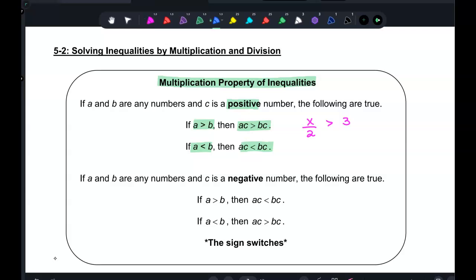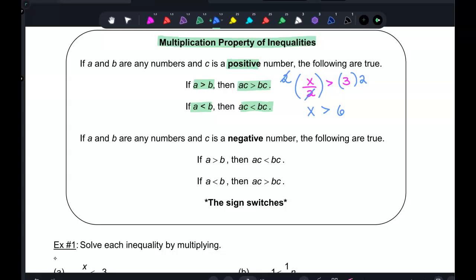So we would multiply both sides by 2, right? On the left side, the 2's are going to cancel, and I would have x is greater than positive 6.